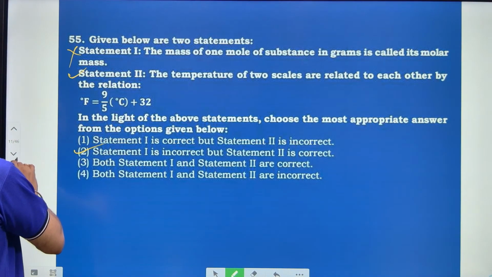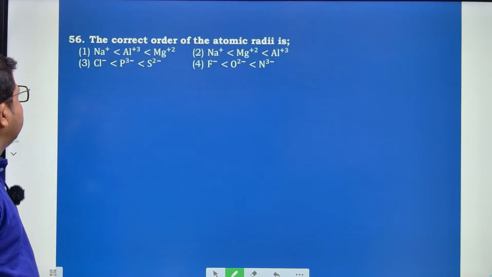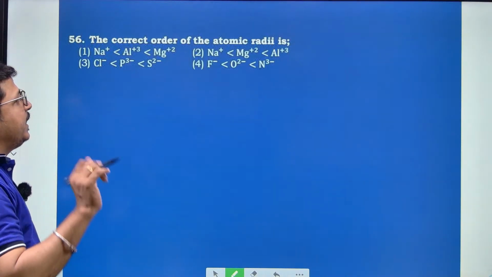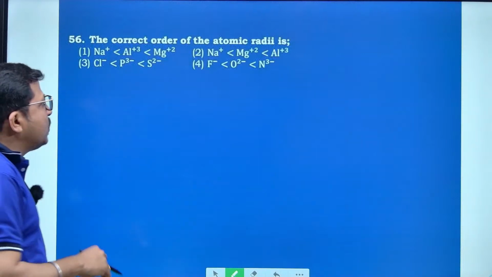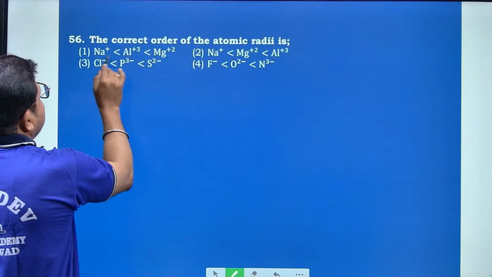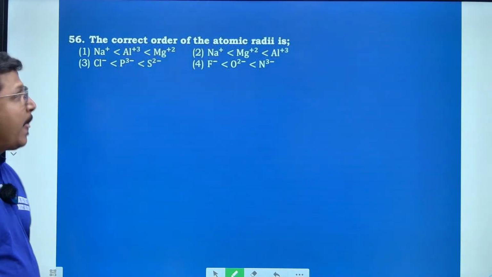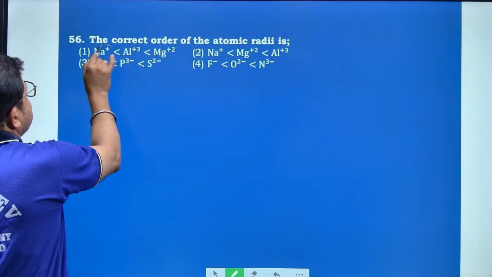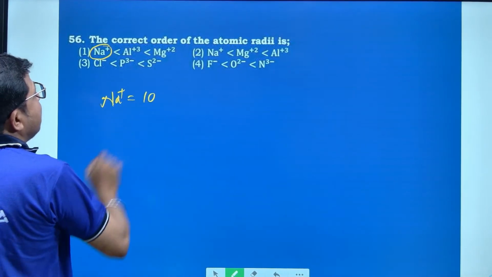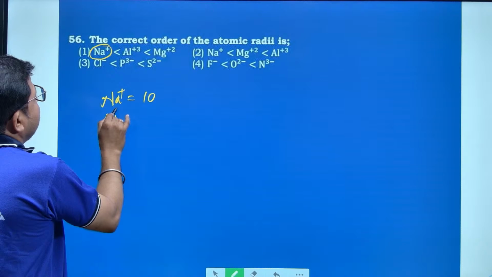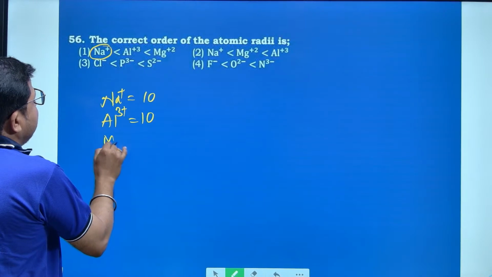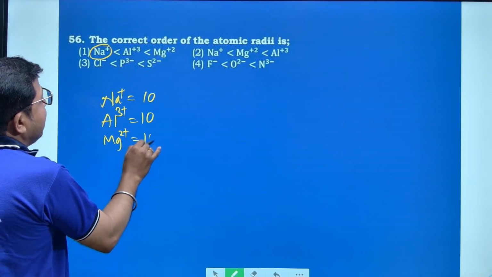Okay. And 56, the correct order of the atomic radii. Here they have given isoelectronic species. In the first option they have given Na plus, Al3 plus and Mg2 plus. See here, Na plus comes in a 10 electron system, Al3 plus is also a 10 electron system, and Mg2 plus will also be a 10 electron system.